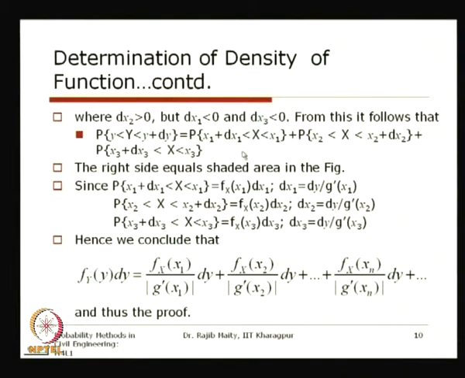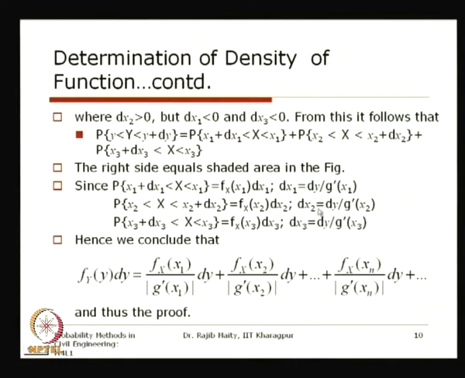You know that. Now from each and every such subset, we can replace it following the expression that we got, that is fx x1, so this dx1 is replaced by dy by g prime x1.